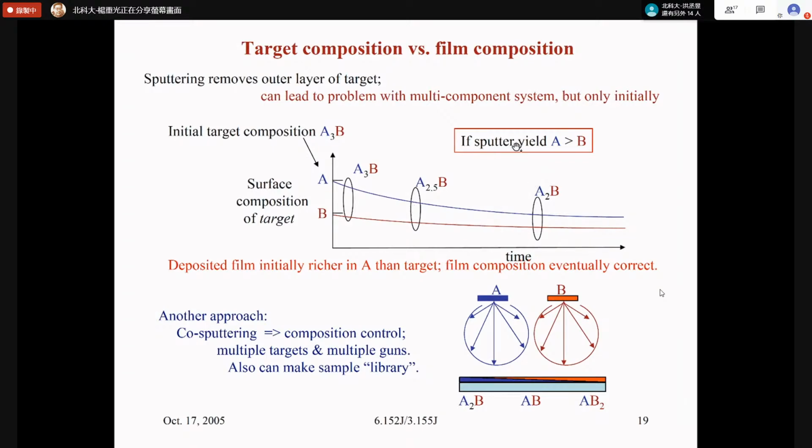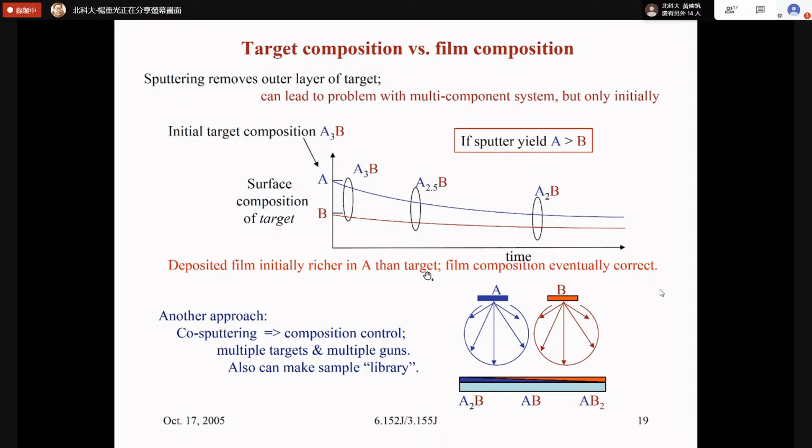If the sputter yield of A is larger than B, you get the problem, and it changes with time. That is a phenomenon that bothers us very much. So the deposited film will be rich in A initially.